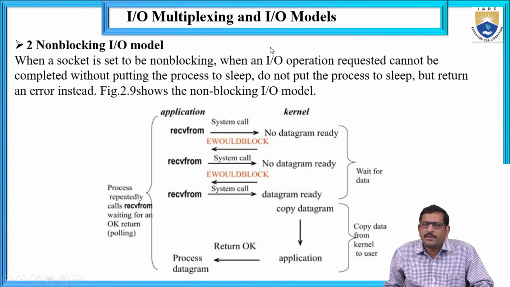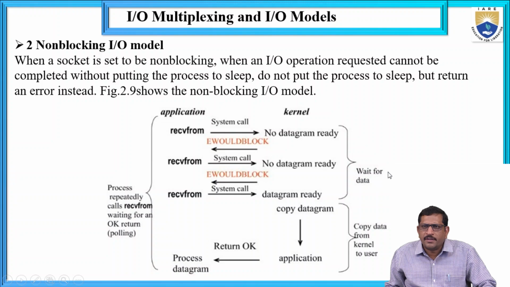In this figure, the first three system calls to recvfrom find no datagram ready, so the kernel is waiting for the data. The datagram may wait for a certain time, based on the time setting.